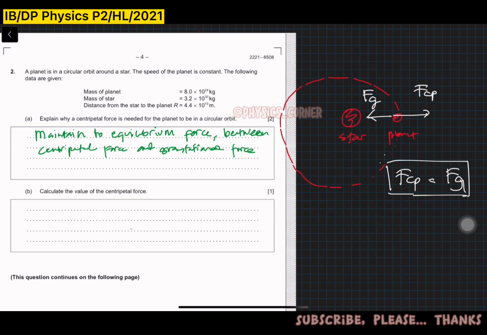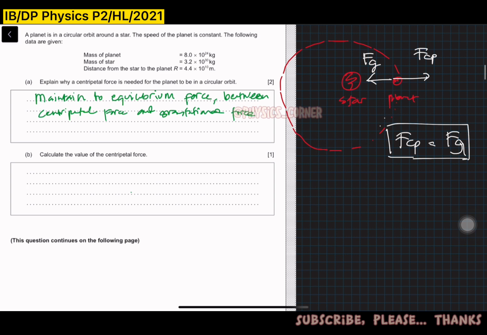Okay, the next question is to calculate the value of centripetal force. I think centripetal force is the same as gravitational force.